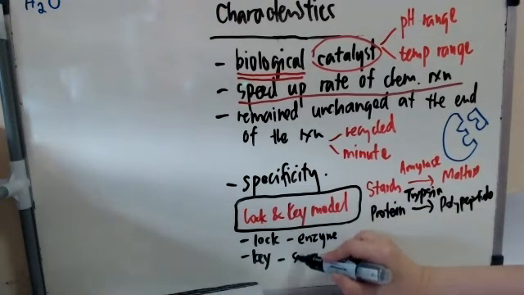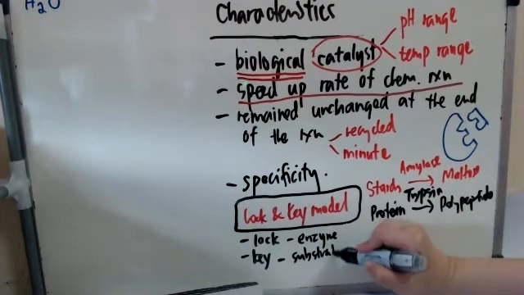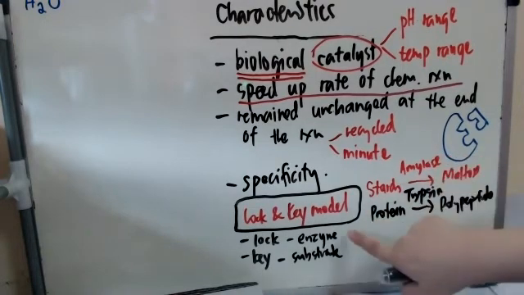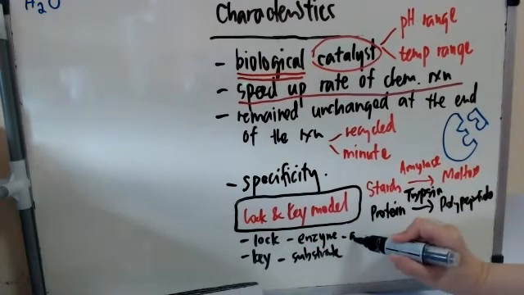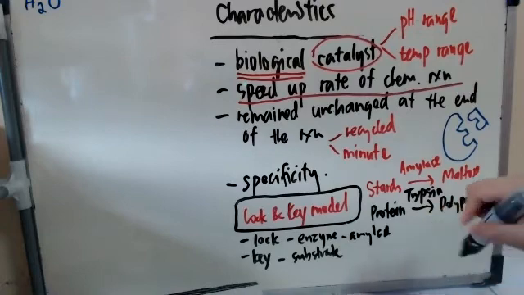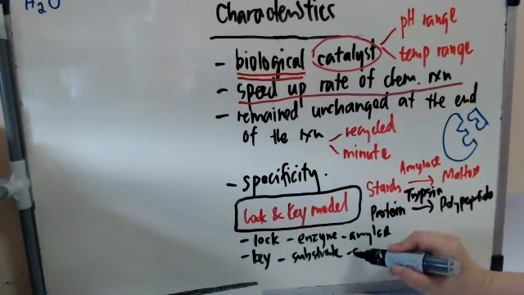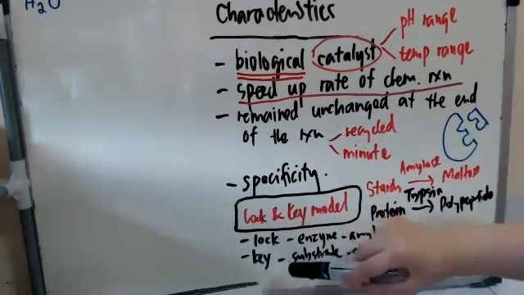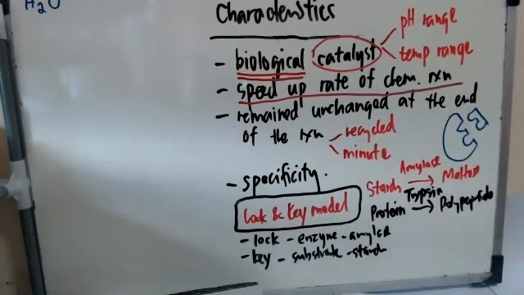Key will be the substrate. And then if they ask you to give an example, you can say in this example, the lock will be the amylase. The key will be the starch. If you provide such points, you can easily get 2 marks.